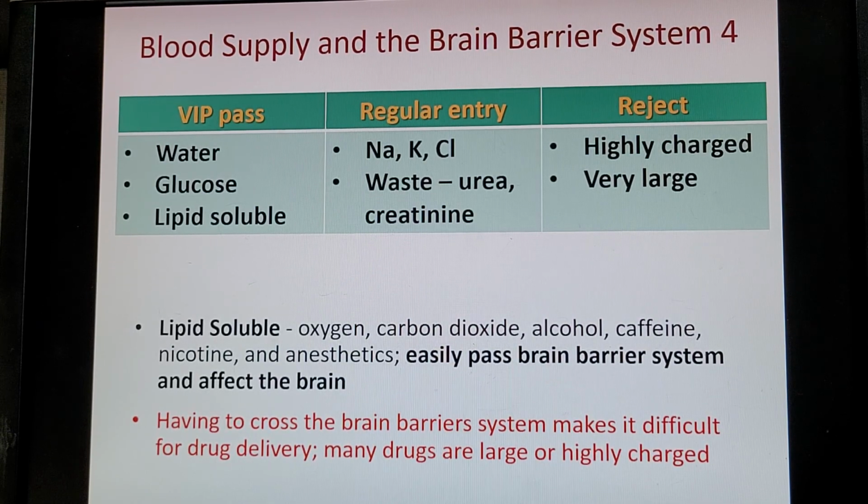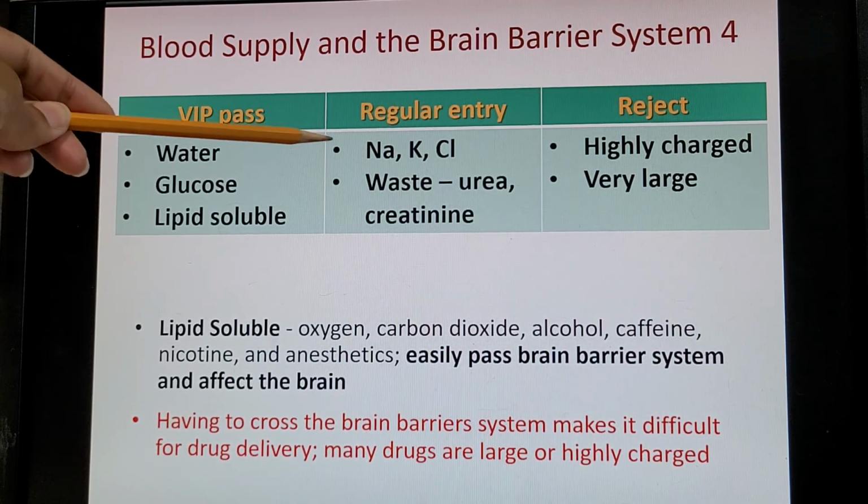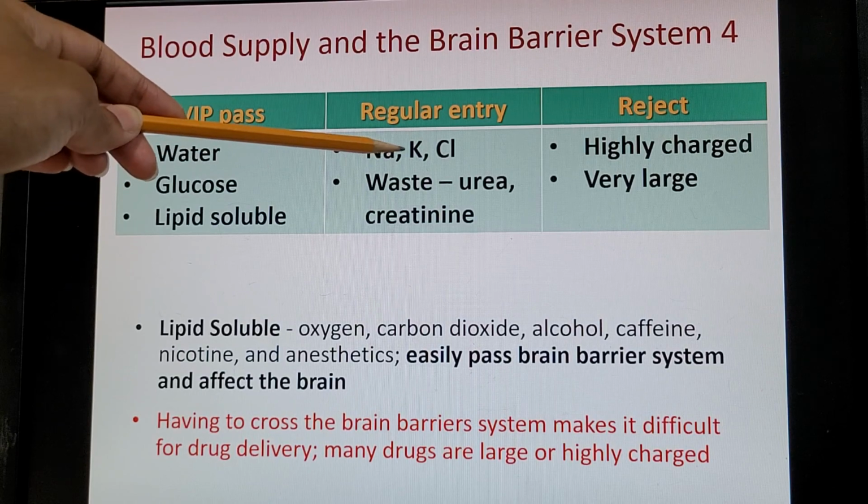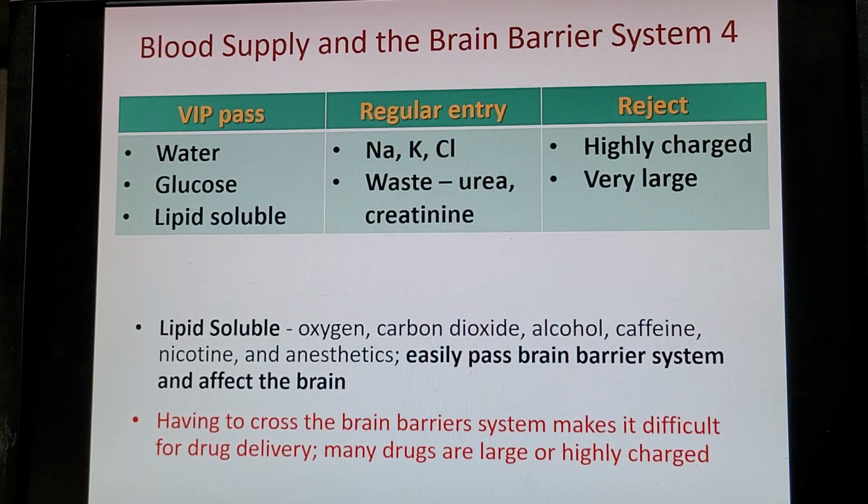Okay. Some other stuff has regular entry, so it's somewhat regulated. For example, our different ions, sodium, potassium, and chloride, and waste products that are created by the cell. There is some regulation of getting that in and out, but it's still able to be passed. What cannot pass, or has a very hard time, is stuff that is highly charged.